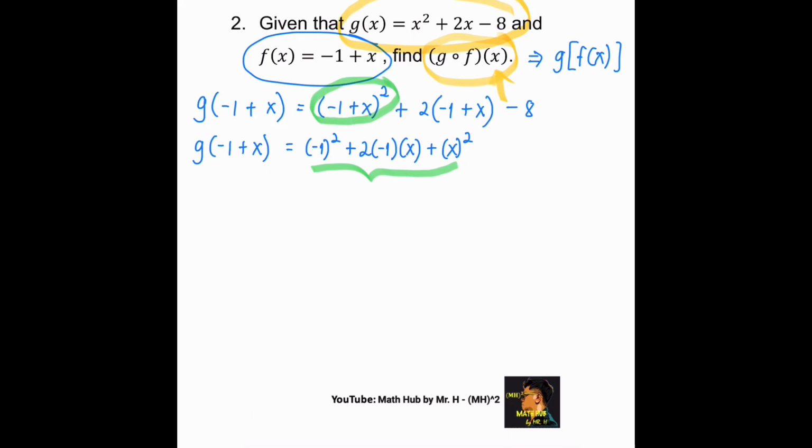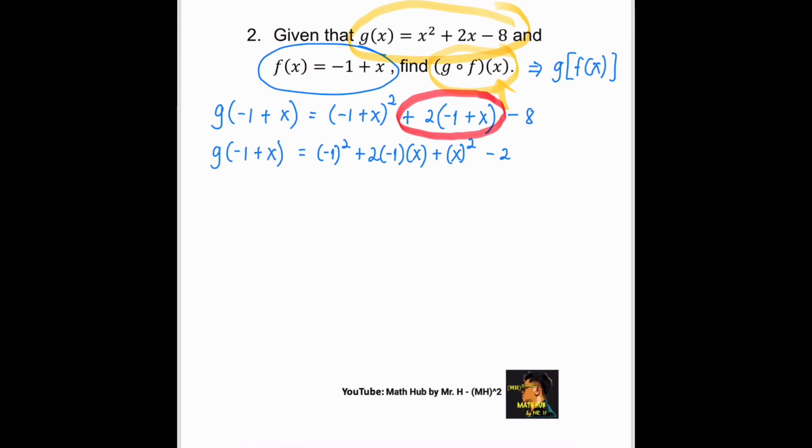All right. Now we move on to this one. So 2 times negative 1 is negative 2, and 2 times x is positive 2x. And we just simply copy negative 8.